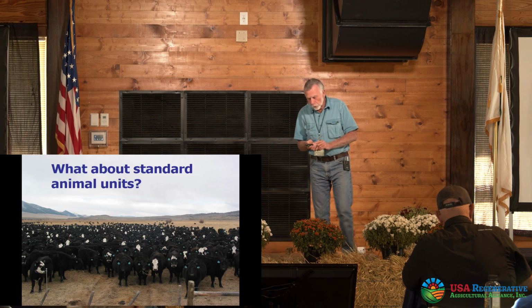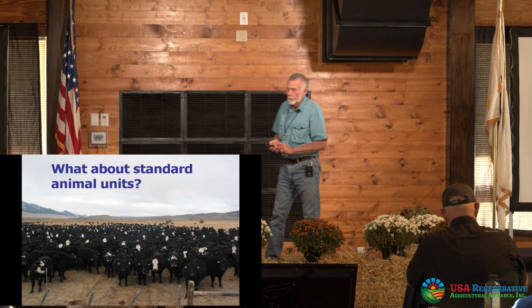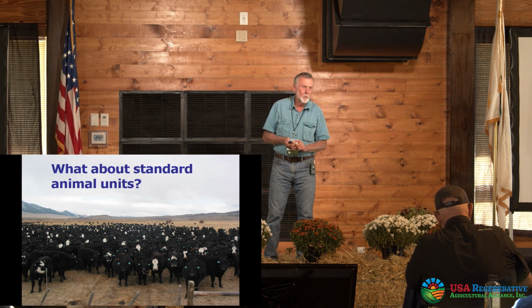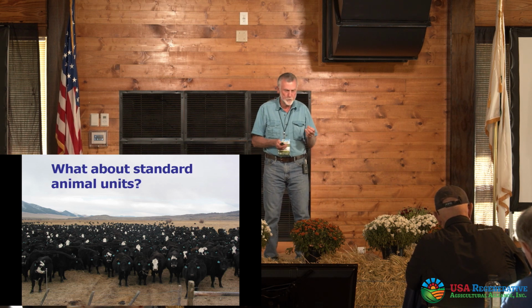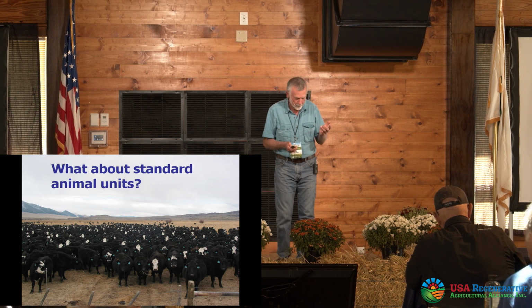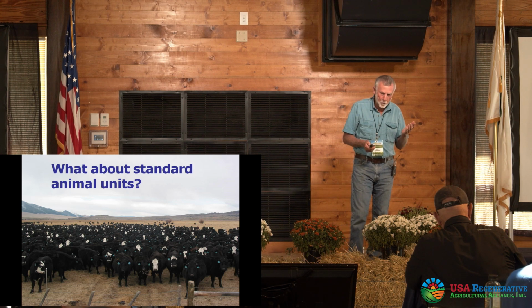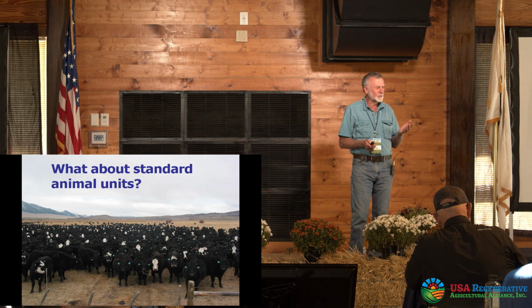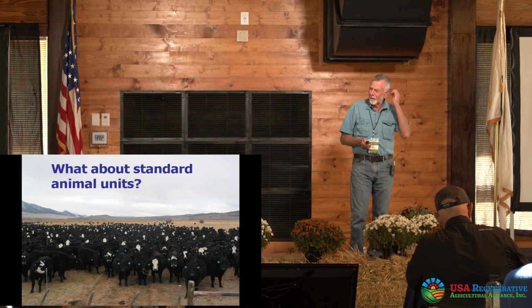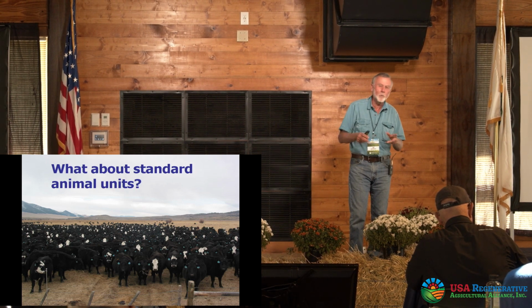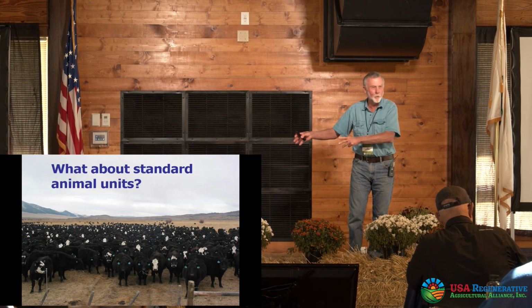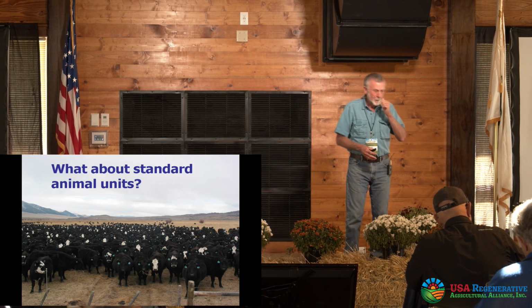All right, so the standard animal unit is a 1,000-pound animal, and in the official definition of the Society for Range Management, it says 1,000-pound cow with or without calf at side. Well, that's kind of an odd definition, since we know that a cow with a calf suckling its side eats way more than a cow without a calf.